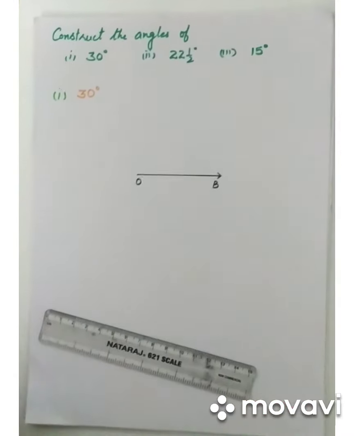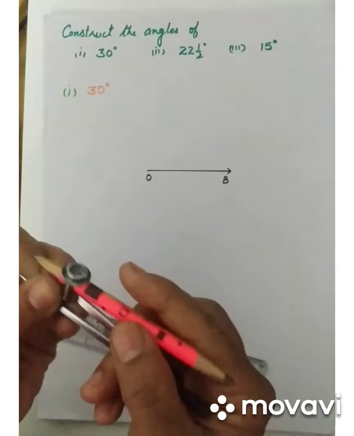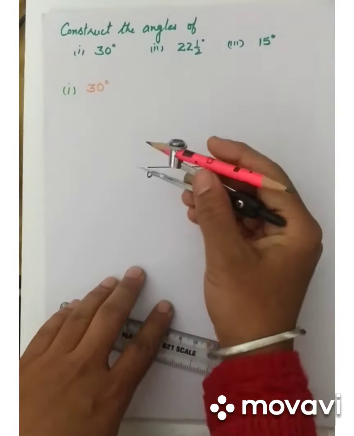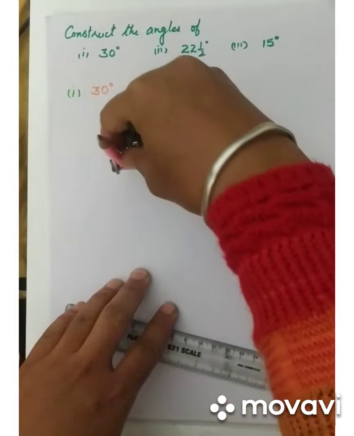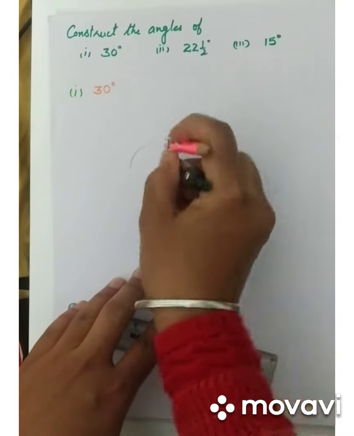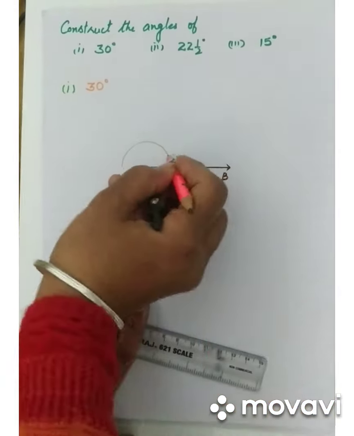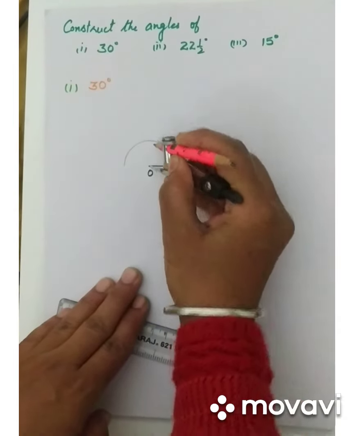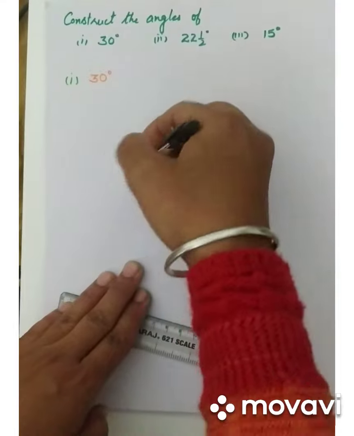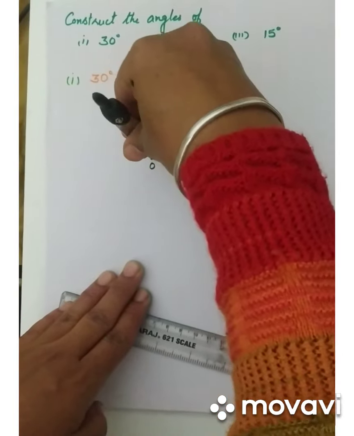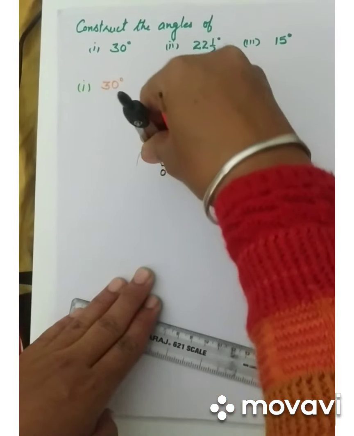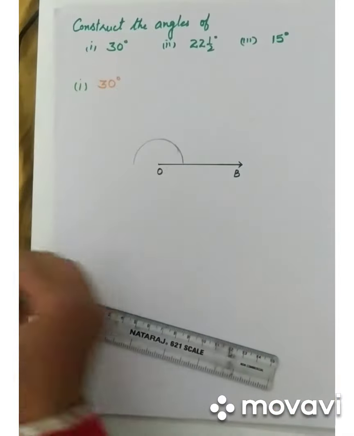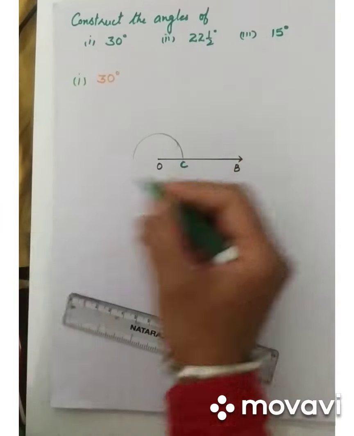Now we have to open our compass with a convenient radius, and with O as a center, we have to draw a semicircular arc. This arc cuts the ray OB at point C, right?